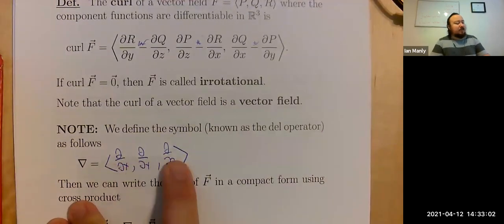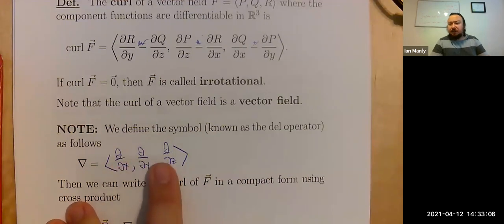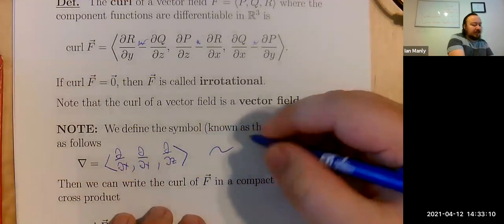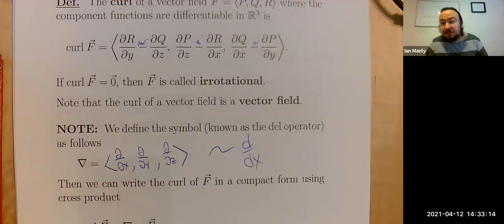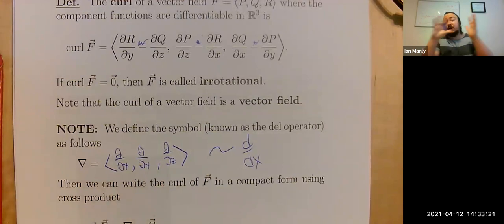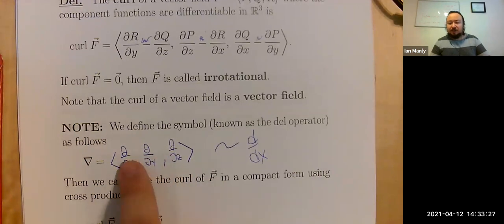Now, you might be wondering, wait a minute, this is missing the function. How could we do that? It's kind of similar to in Calc 1, when we regarded d dx as something on its own that could be applied to something. The del operator is also something that could be applied to something. And it's almost like we just have a d dx in each one of the components.